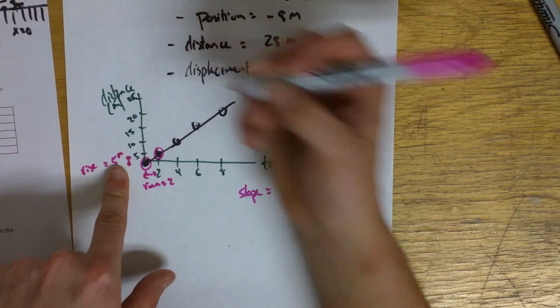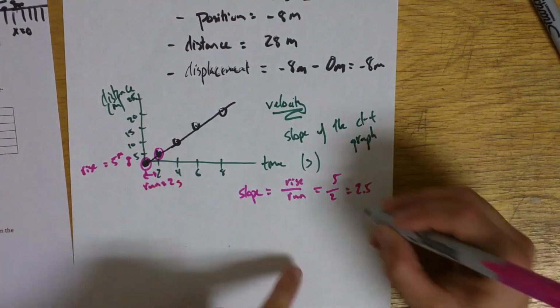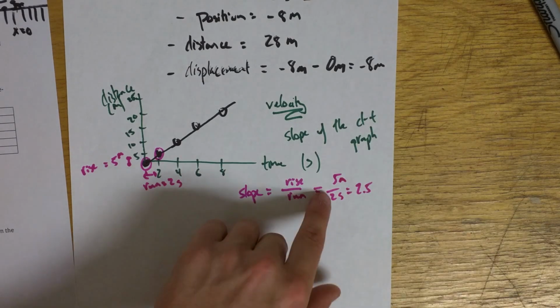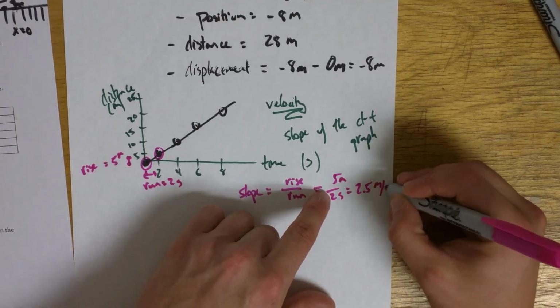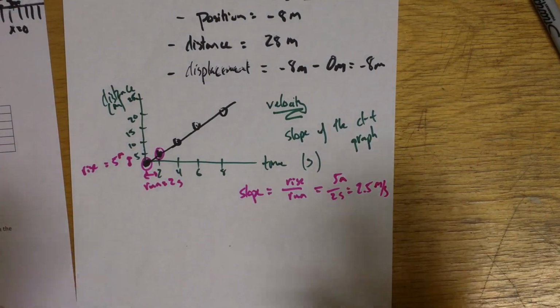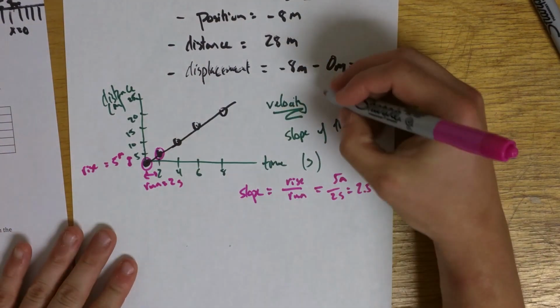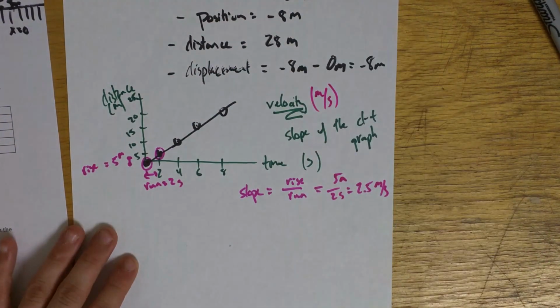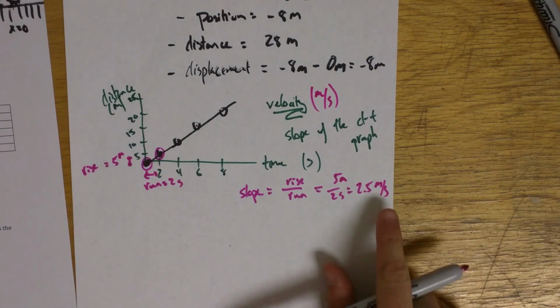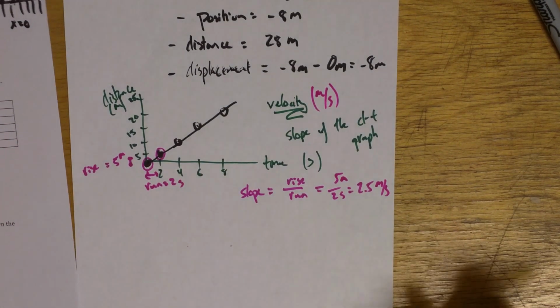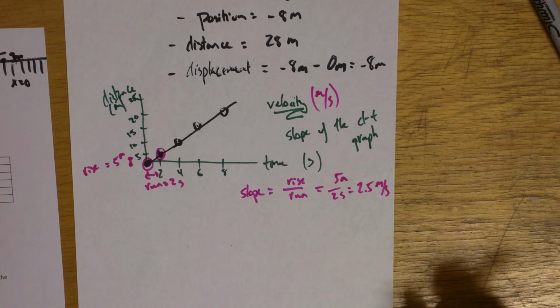This is 5 meters, 2 is in seconds, so I get 2.5 meters per second. That checks out. When we measure velocity, we know that we've been measuring that in meters per second. So the squirrel is moving 2.5 meters per second.